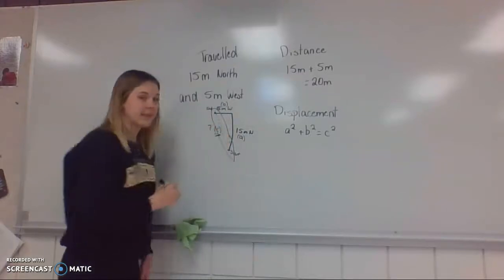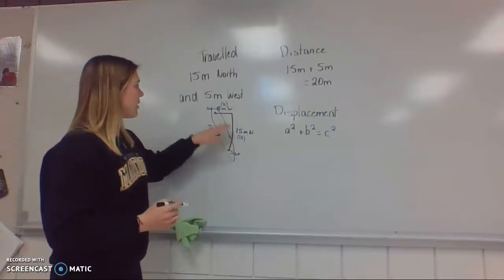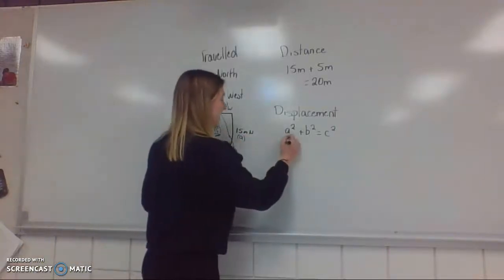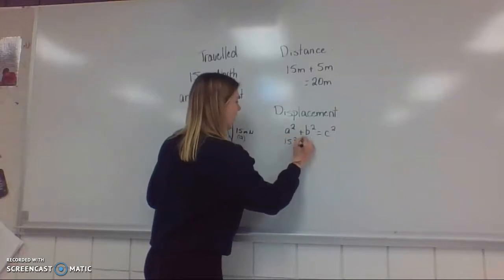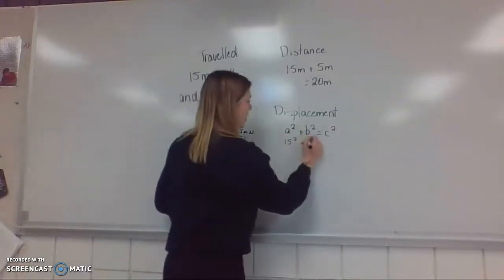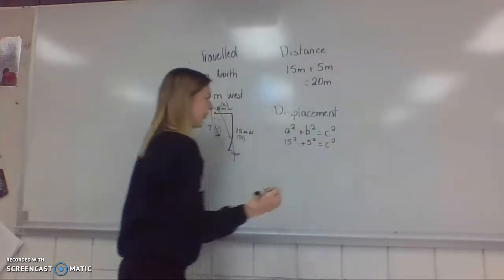So what is c? What we have to do is take our numbers and fill them into our equation. So we have 15 as a, so we do 15 squared, plus b, which we said was 5, so we would do 5 squared is equal to c squared.